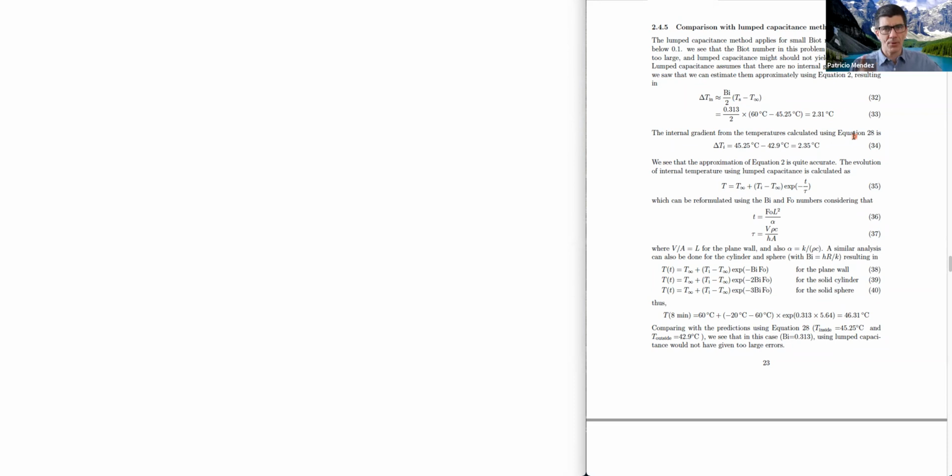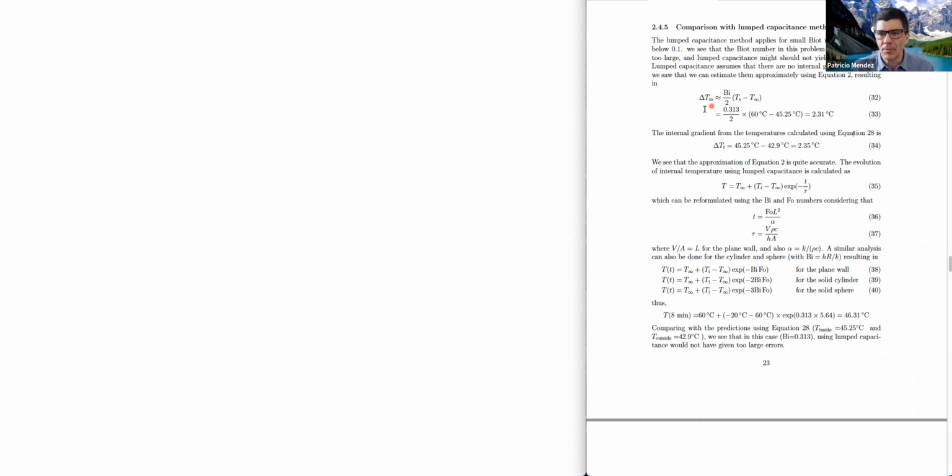Let's now do the proper math. 4 years of a PhD later, we come to the exact equations, and the exact equation said that the pipe inside is at 45 degrees, outside is shy of 42 degrees, and the temperature gradient inside the wall is 2.35 degrees C. Look, 4 years of PhD versus a simple formula.